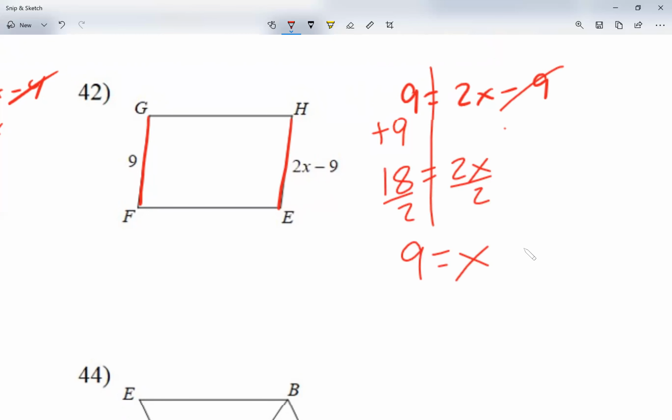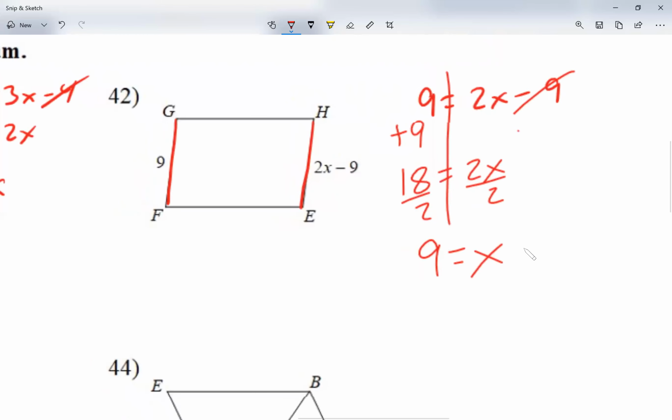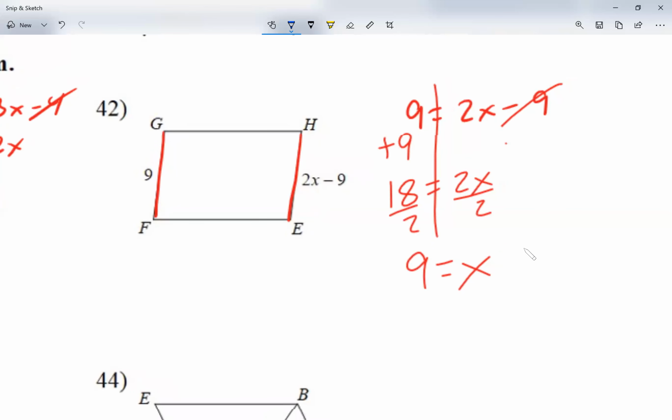Now, in your homework, you're also going to be dealing with angles. So let's make an angle here. Let's say this one right here, it is 80 degrees. And I can ask you to solve for, I'm not going to use x because I already use x, y plus 1.